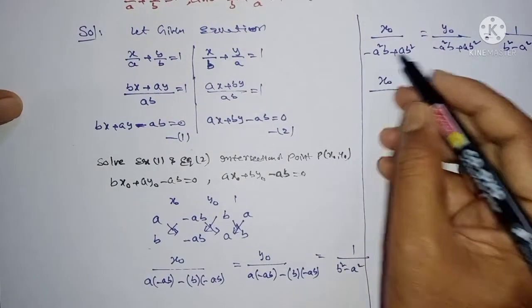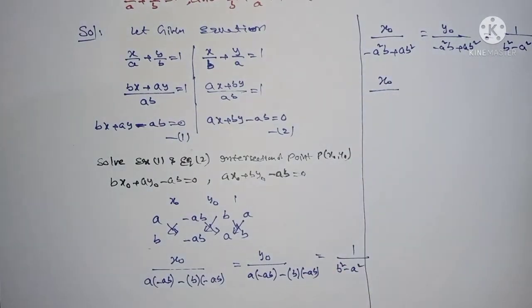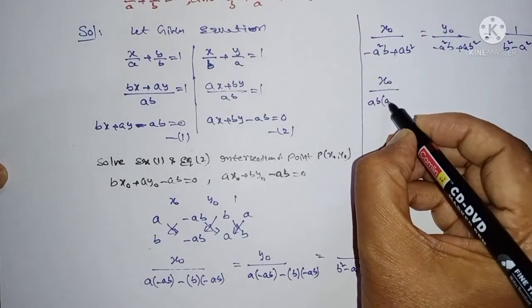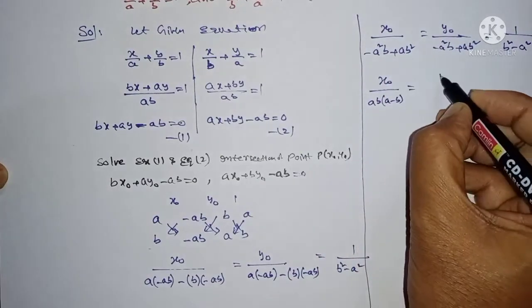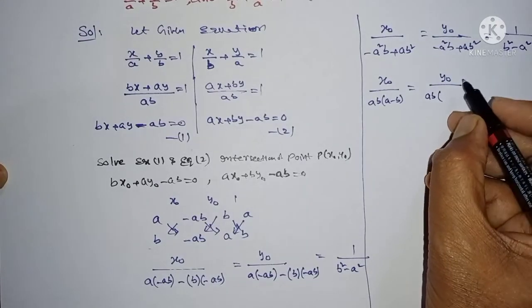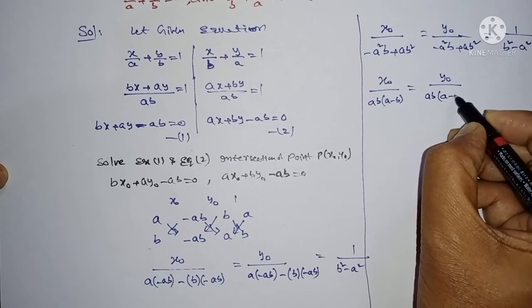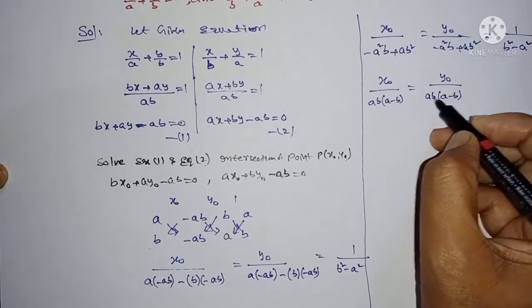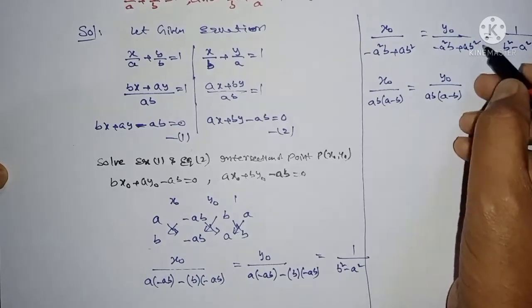For x naught by, in this case I am taking ab common. What is remaining here? a minus b. Here also I am taking ab common, and what is remaining is a minus b, because first is plus, I am taking here a square b.